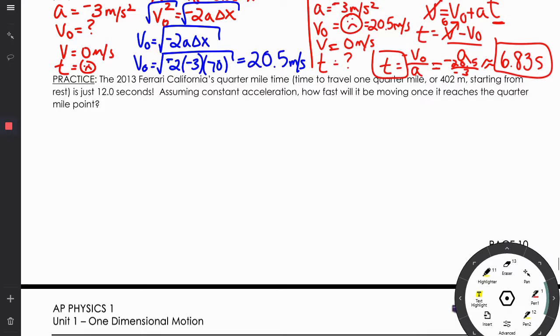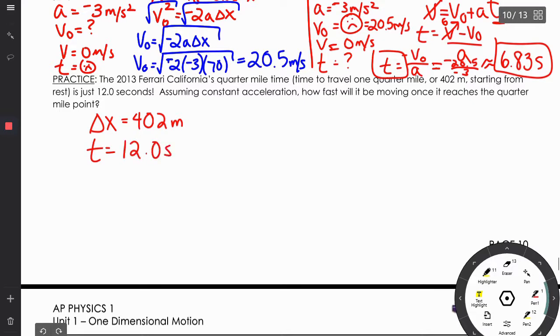Okay, so let's write down our variables. We know delta x is going to be 402 meters. Again, we don't care about the quarter mile, we just care about the meter measurement. If you're given how many feet are in a quarter mile, you would need to make this conversion. We're given the time, it does it in 12 seconds.